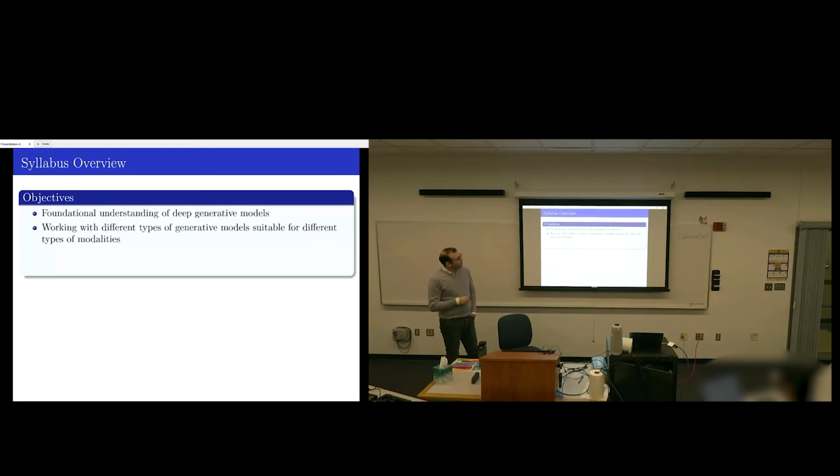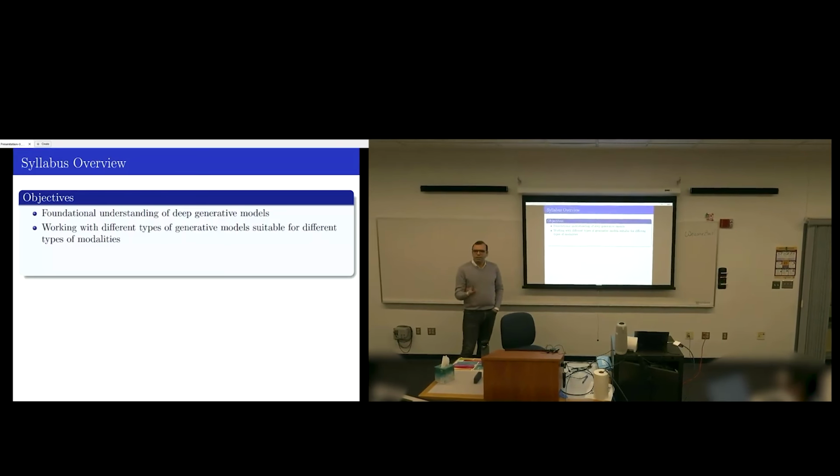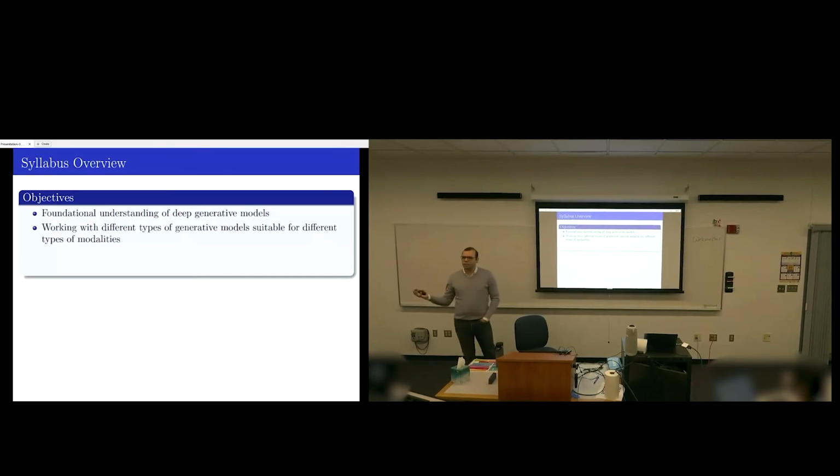As you know, different types of generative models are suitable for different types of input patterns. So we talk about different generative models irrespective of the input type. We talk about deep autoregressive models. We do not consider whether the input is an image or is, for example, text or a speech signal.